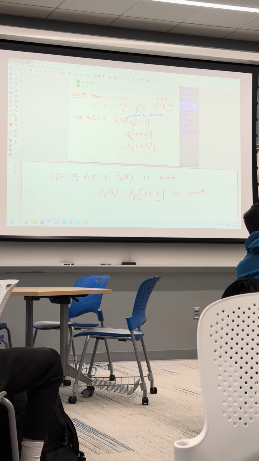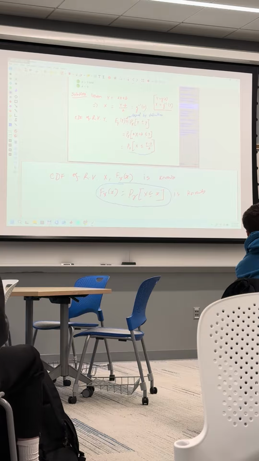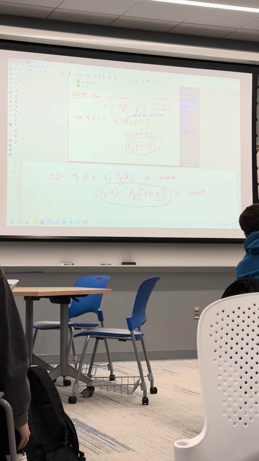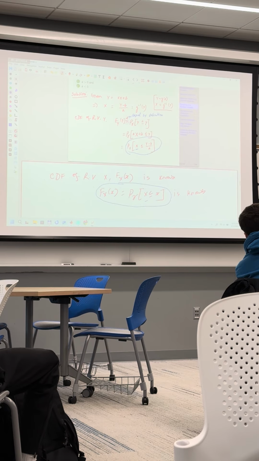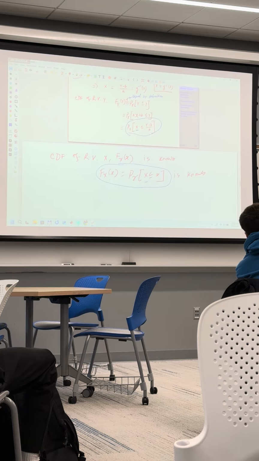Now look at the similarity here. So here, this probability, this notation, and this notation. You have x here, you have x here. Instead of lowercase x, you have y minus b over a. So therefore, because this function is known, I can write, which implies, f sub y equals probability that x less than or equals x.